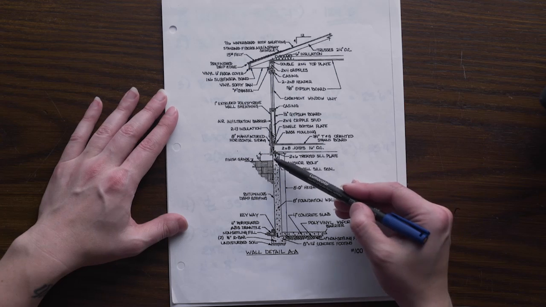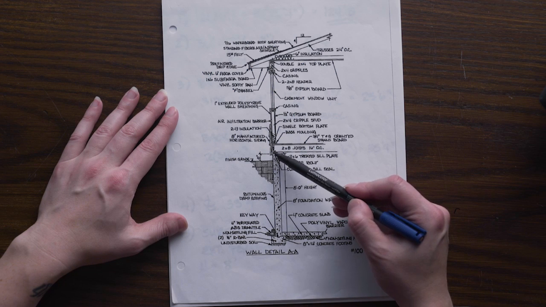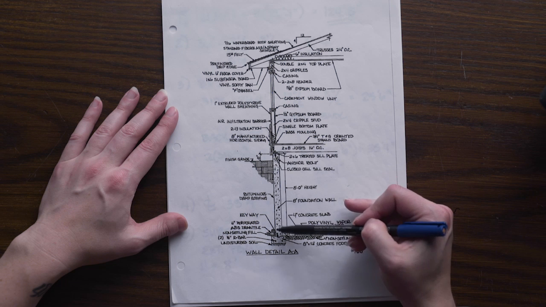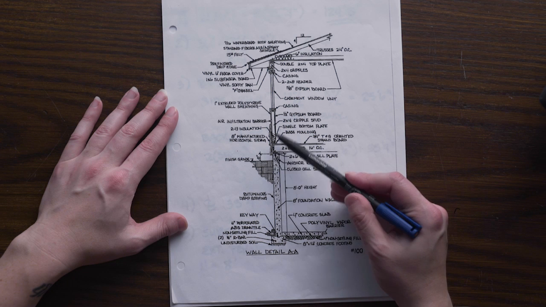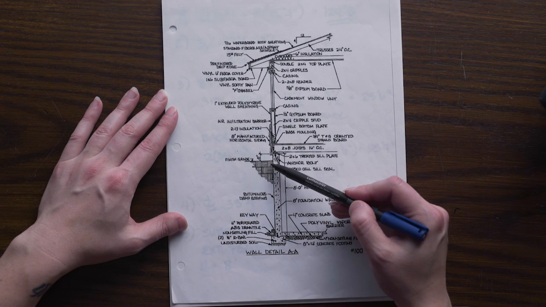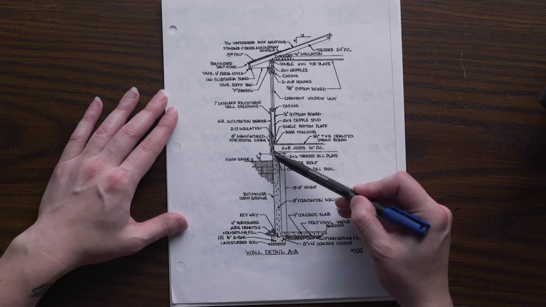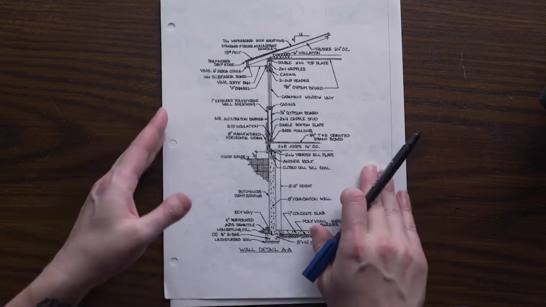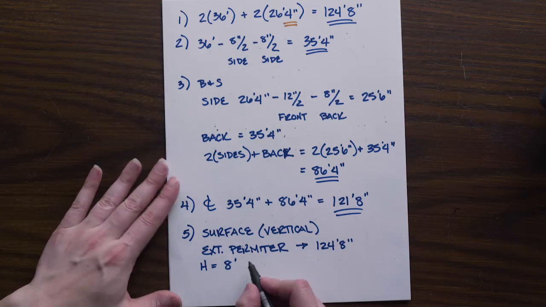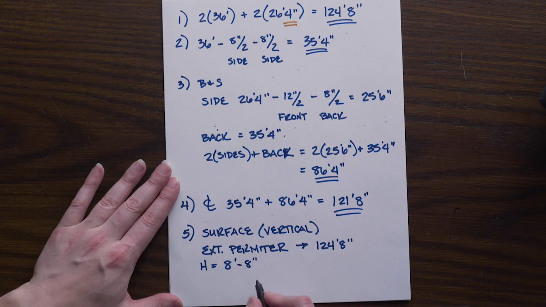Typically this is done for more of an aesthetic reason. We don't want to have that tar all the way up, especially if we put foam on the outside of that. We're not going to carry our exterior material down to finish grade, so it's better to just leave the finish of the concrete rather than the damp proofing. So we need to subtract the 8 inches. So that is top of wall to grade.